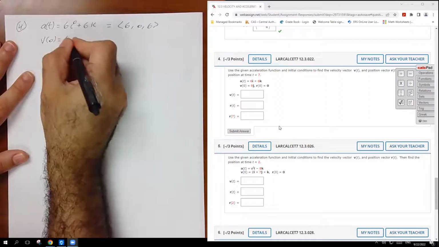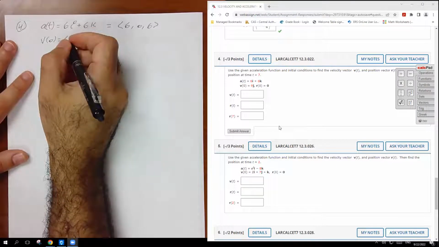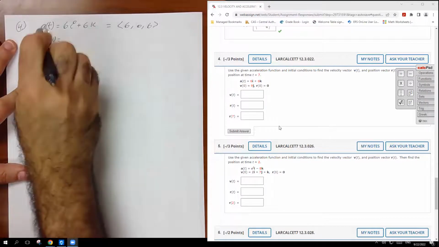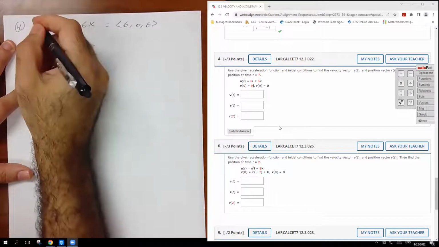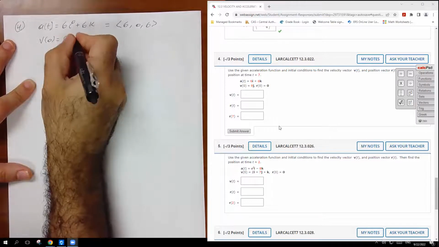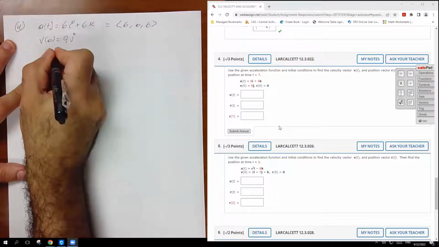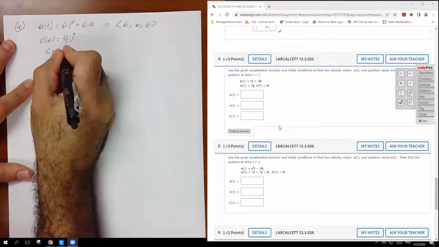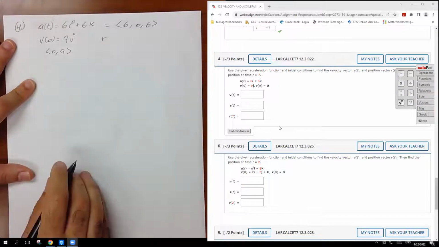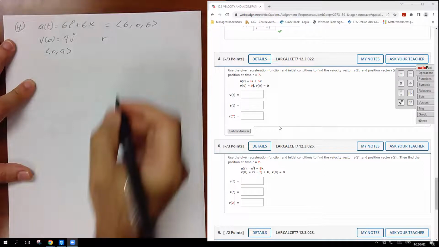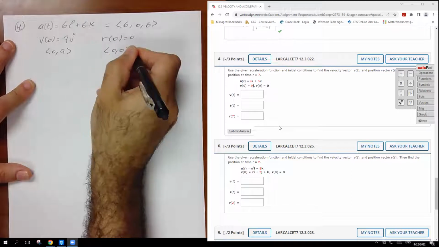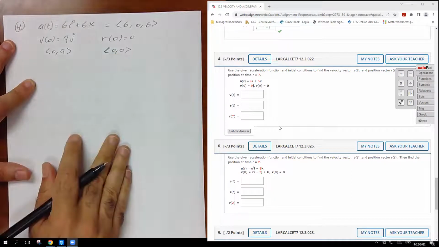Let's write down the point first, then we're going to convert it to the vector. The initial velocity is going to be 9j. That means as a vector here, it's going to be 0 and j is 9. Then let's check here. The second one is r, the position vector with respect to the 0 equals 0. That means it is 0 and 0. This is the initial points for these.